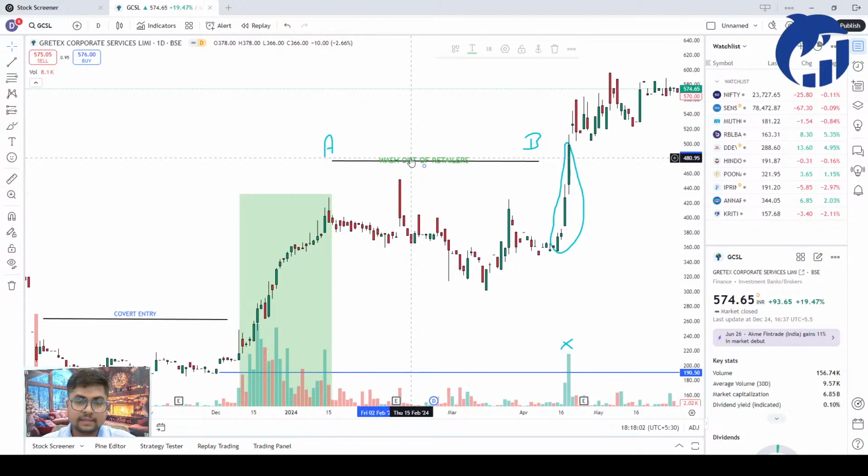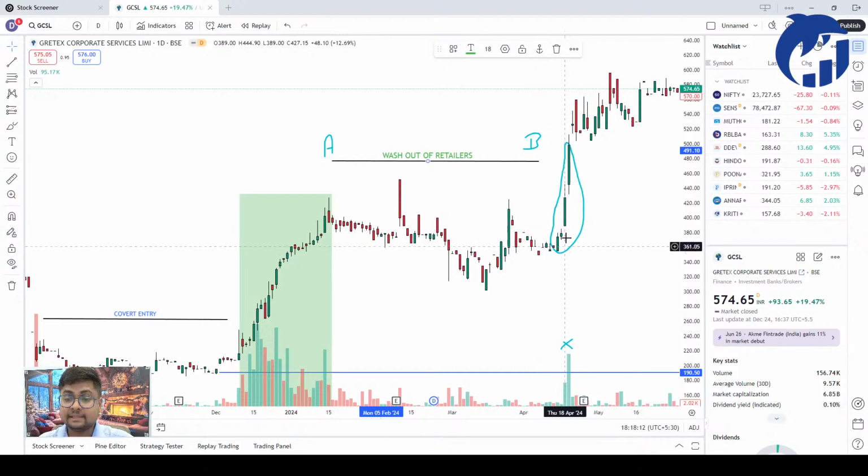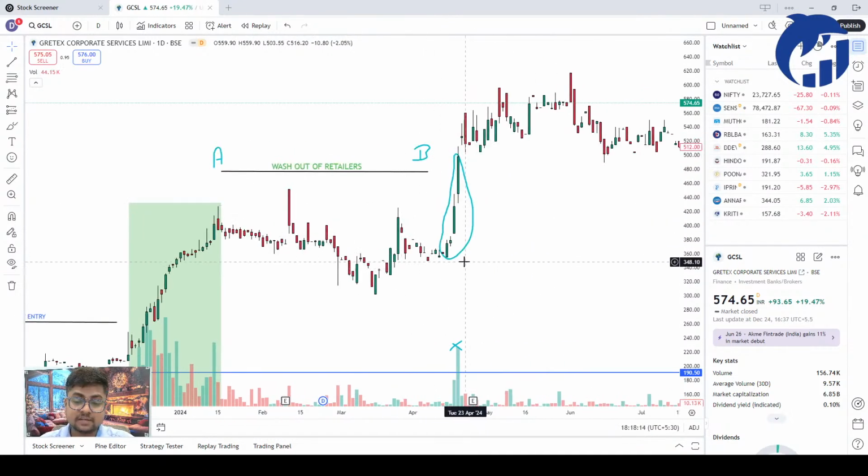So here we get the point from A to B. At this point, when the stock started consolidating, this is the washout period where most of the retailers will be making an exit. And then the big players, the big investors will come into the flow and they will push the market high. They will push the market high and keep on increasing the prices, right?